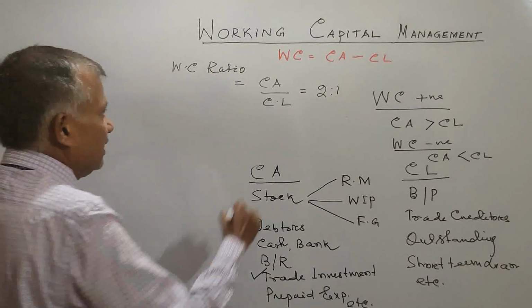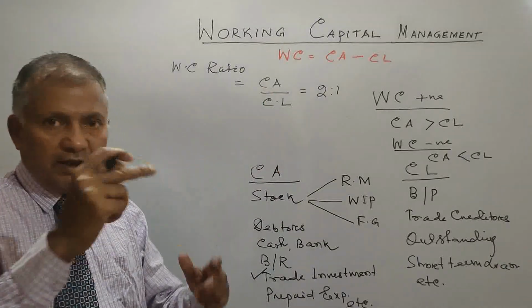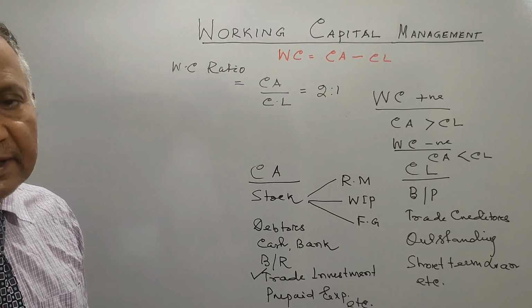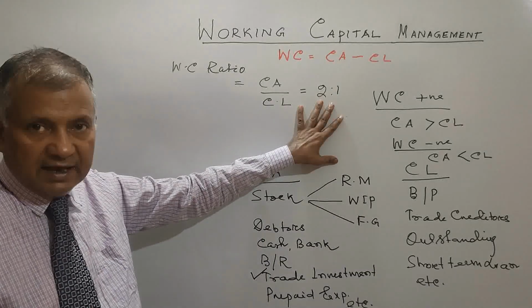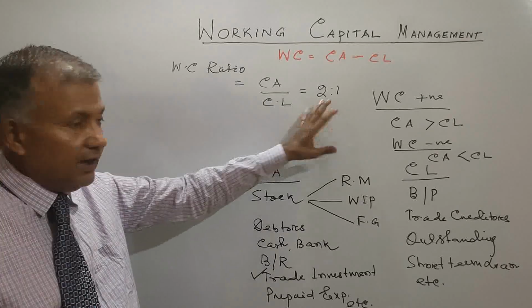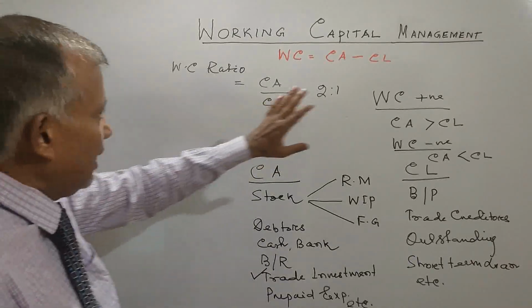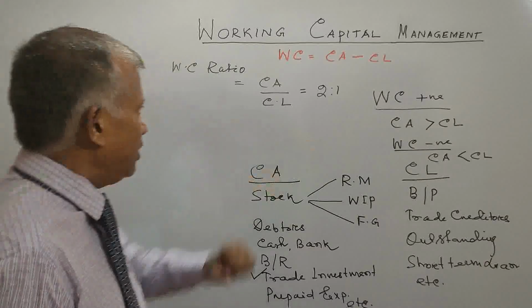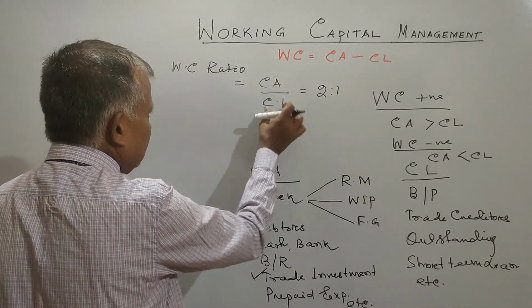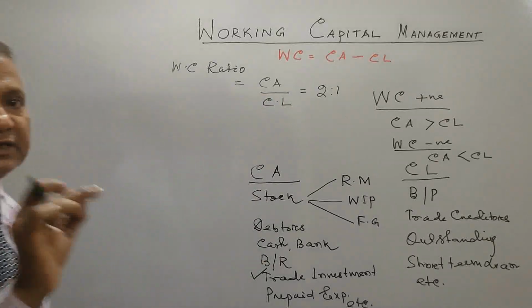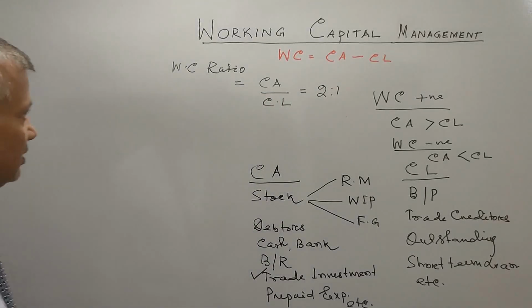That means current assets should be double the current liabilities so that it is a healthy sign, right? In any case, the working capital should be positive. That means current assets are greater and current liabilities are less.